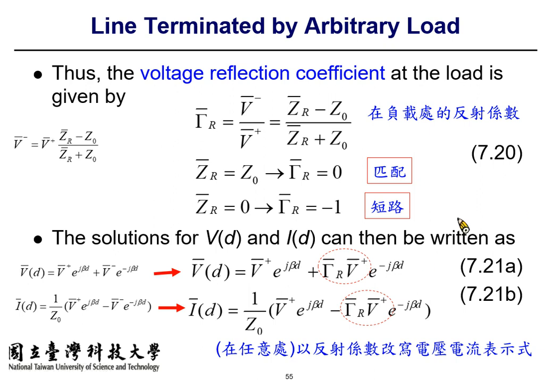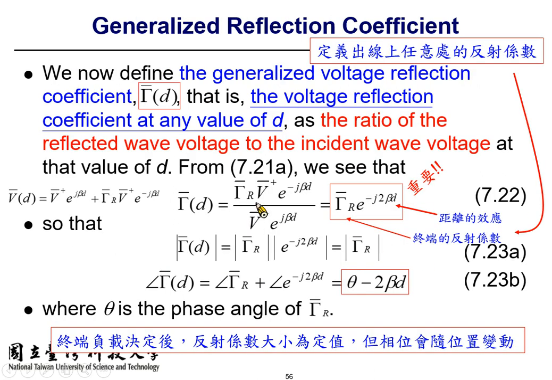So if we organize the two terms a little bit, in this equation, exponential j beta d and exponential minus j beta d are written by taking the d equal to 0 location as the phase reference.